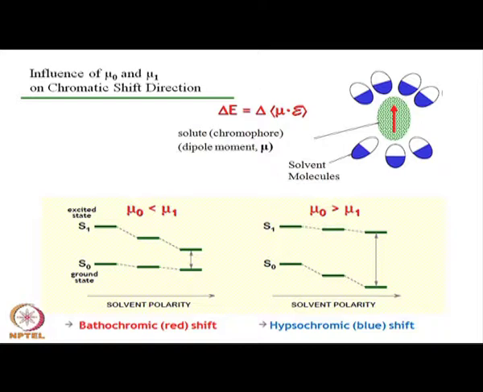So, by studying the solvatochromism in terms of fluorescence and absorbance, you can get the idea of whether the substance has a greater dipole moment in the excited state than in the ground state, or the reverse.